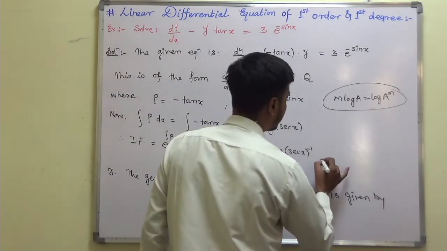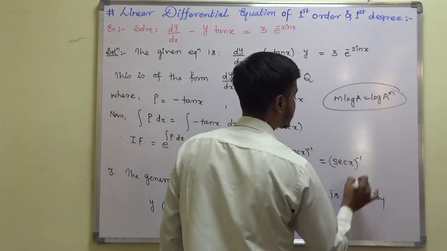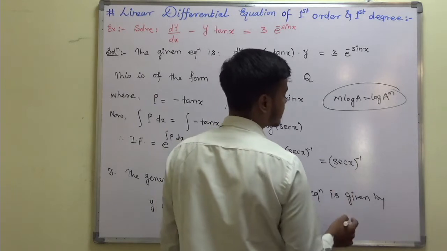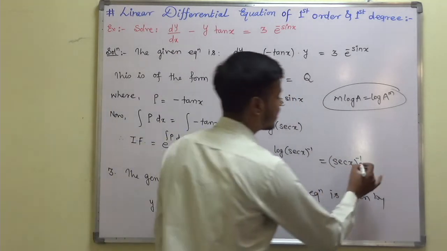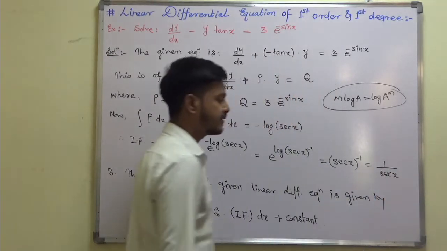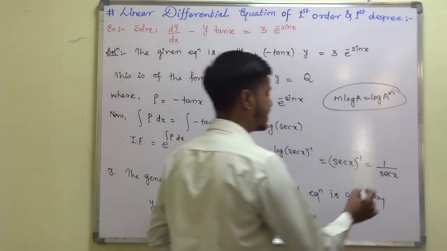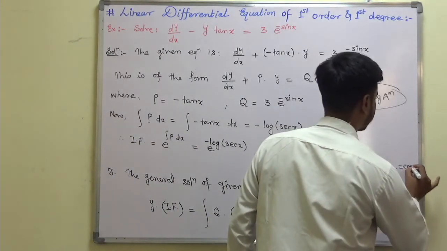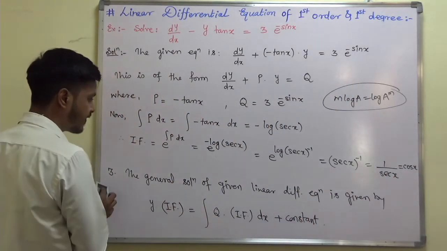So we will remain with secant x to the power minus 1. Clear? Which we can write as 1 upon secant x. And what is 1 upon secant x? Cos x. Okay, so this is my integrating factor.